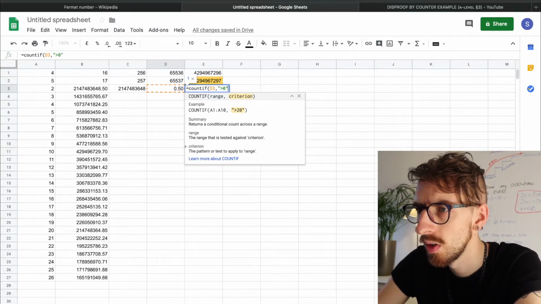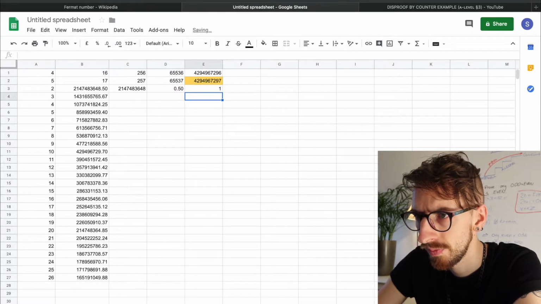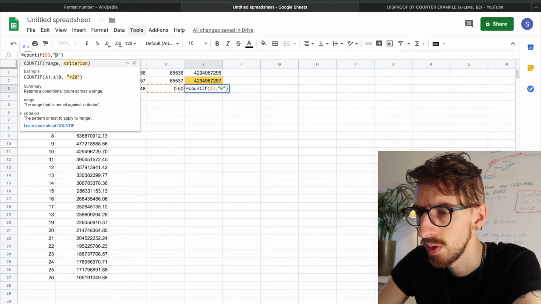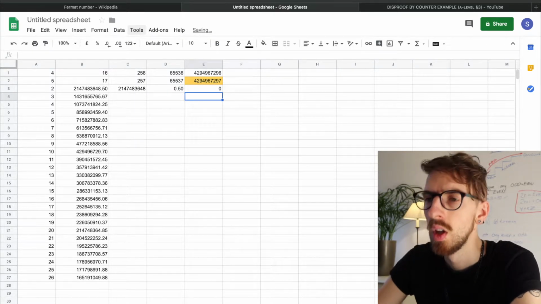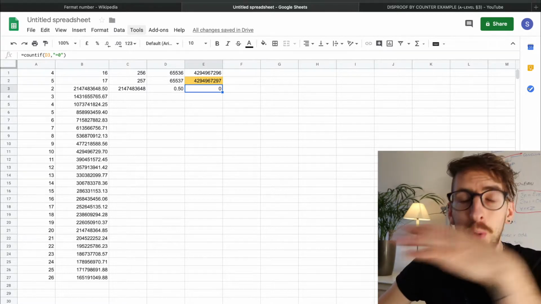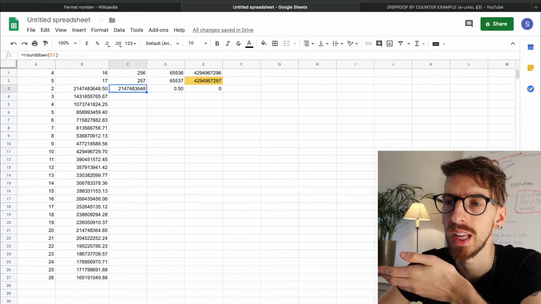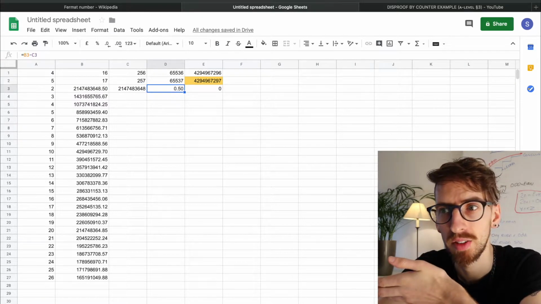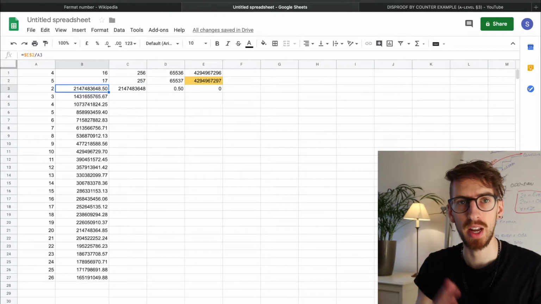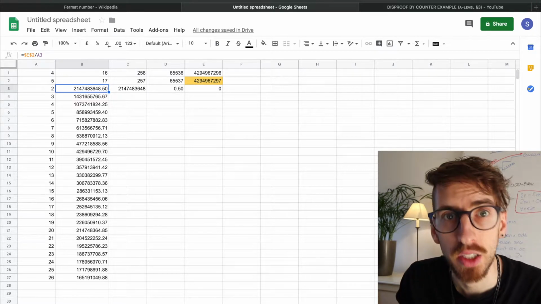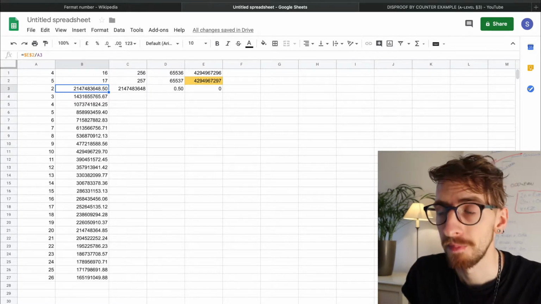Let's change that to equals 0. So what we're actually looking for here is that the difference between these two numbers is exactly 0. When it's exactly 0, it means that when we've divided by a number, we've got an integer. That's really good, isn't it?